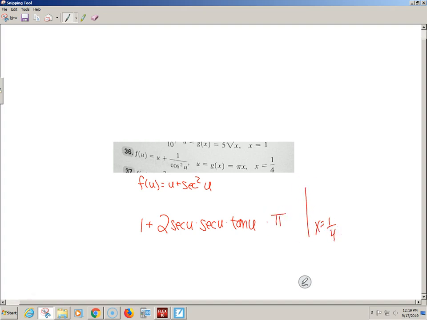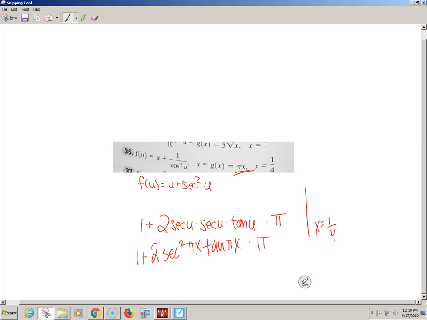So the problem is we need to get the u's out of there and the x's in. So that'd be 1 plus 2 times secant squared of pi x, that's who u is, times tangent of pi x times pi. We are going to plug in x in just a second, but I'm looking at my secant squared, 1 over cosine squared, tangent is sine over cosine.